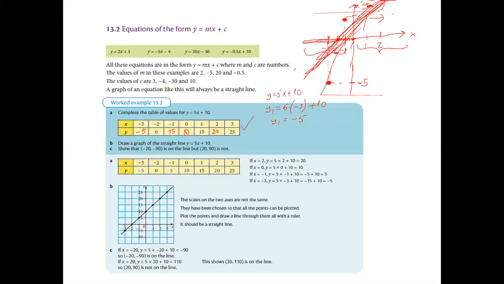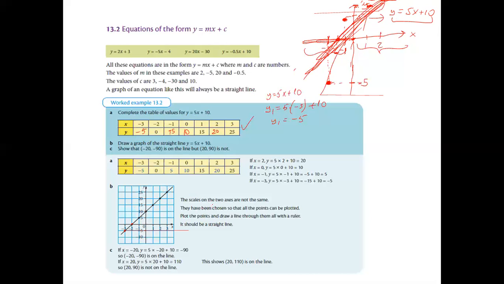Okay, what was the equation? y is equal to 5x plus 10. It's the graph of y is equal to 5x plus 10. And as you see here, we have drawn it. Its first value was here, and the second one was here, and third, and so on. It was a straight line, okay? So let's read the explanation.